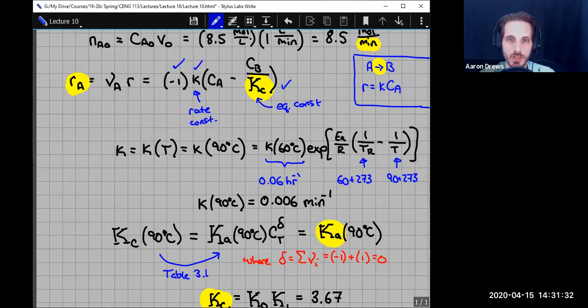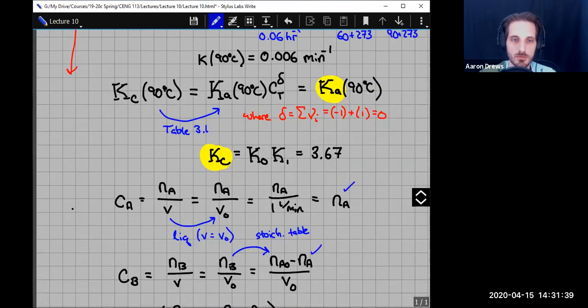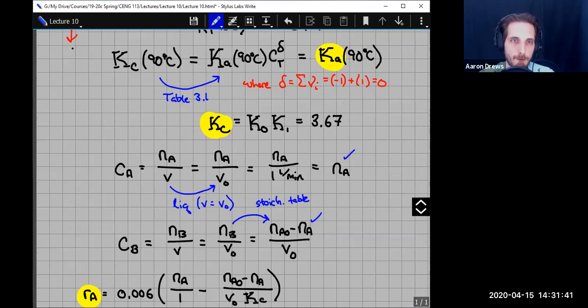I don't know if I can draw a long enough line to connect those two, but there we go, that R sub A is the same as this R sub A, right?